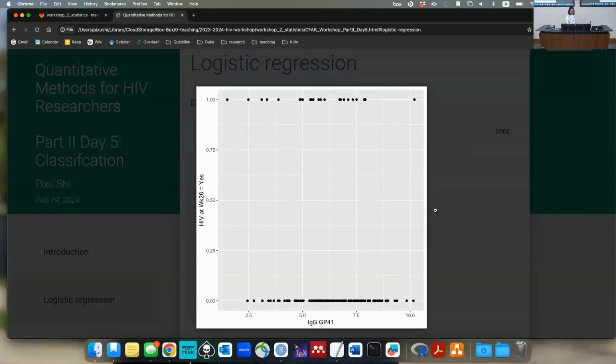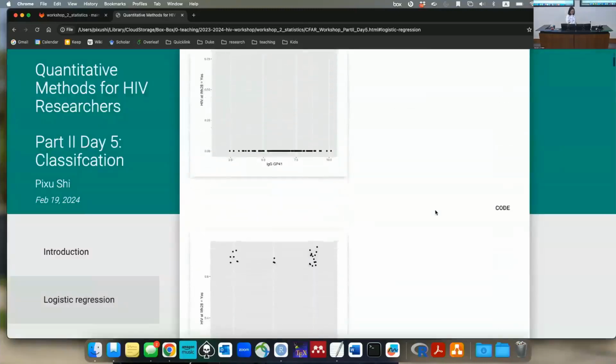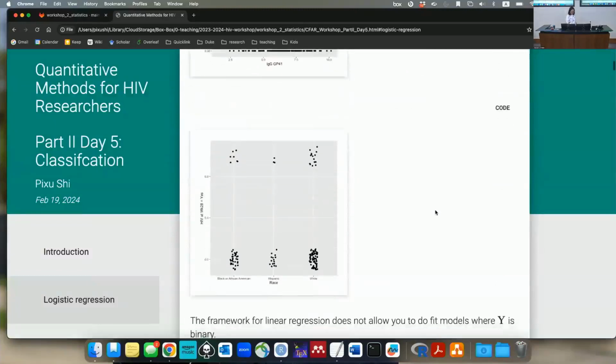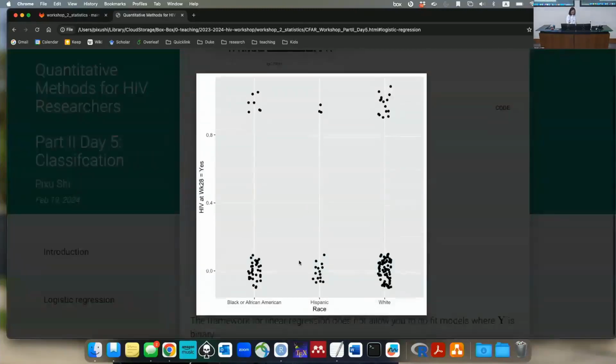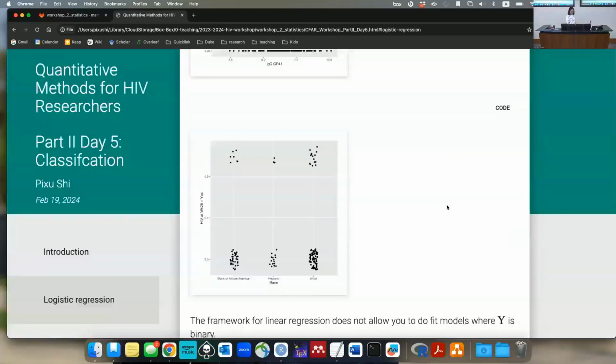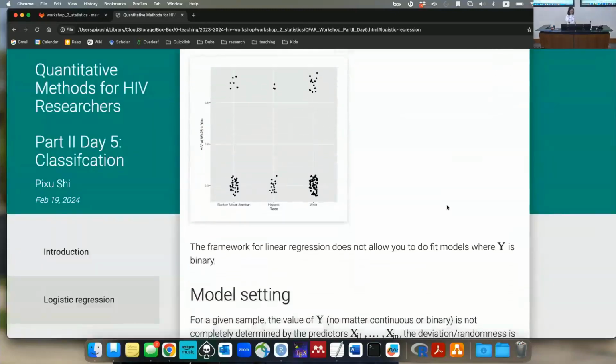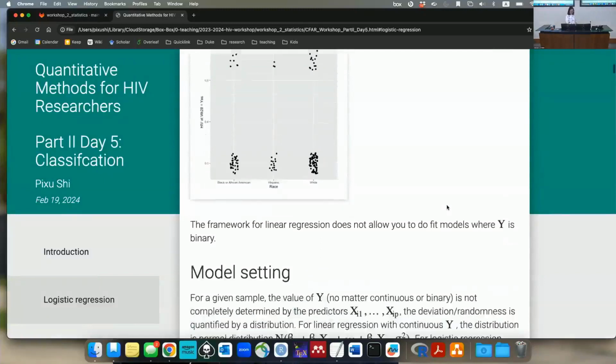So what are we going to do? Again here, when we have three racial groups and two values for the outcome, how are we going to describe this relationship using a straight line or a plane? That's why we need to use something more than linear regression.